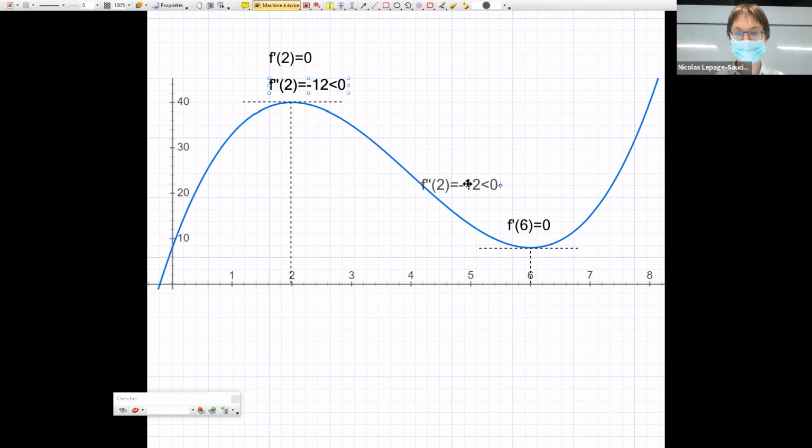And at 6, I have 12, which is greater than 0. All right, so I know that this is a maximum, and that this is a minimum.